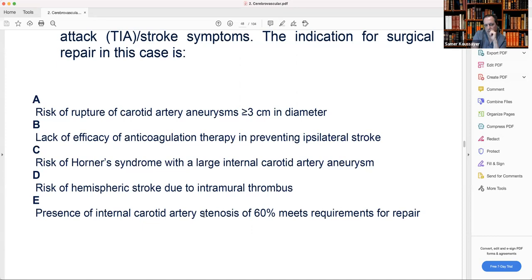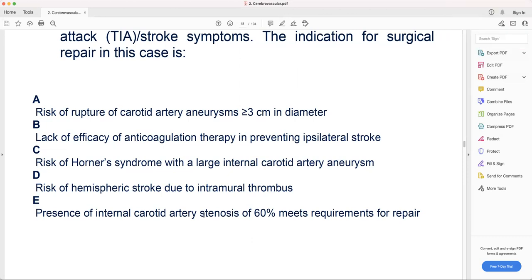But if for some reason you have a bad neck, radiation, or high risk for surgery, then you can do a covered stent. But the first option is really resection and interposition vein graft. We resect it all, then we do an end-to-end interposition graft.